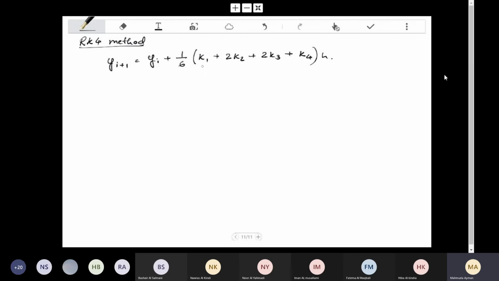So you're given the weights as 1, 2, 2 and 1, which sum to 6, and you're dividing by 6.